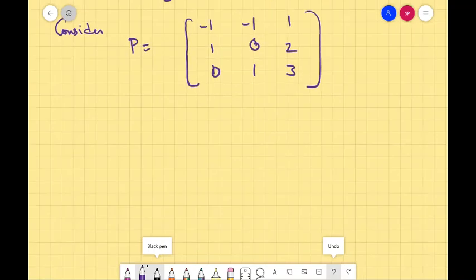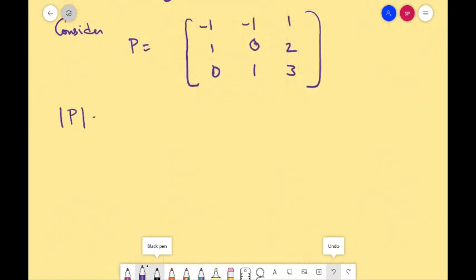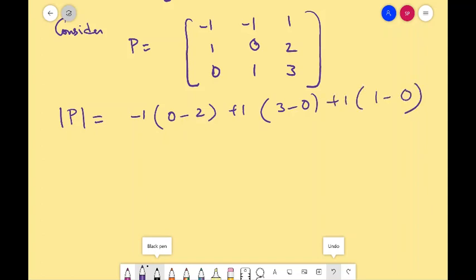Then what is the det P? Det P is equal to, so expand the determinant, minus 1 into 0 minus 2, plus 1 into 3 minus 0, plus 1 into 1 minus 0, which is equal to 2 plus 3 plus 1 is equal to 6, not equal to 0.